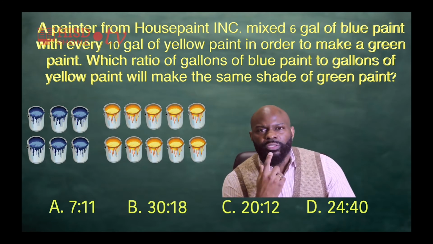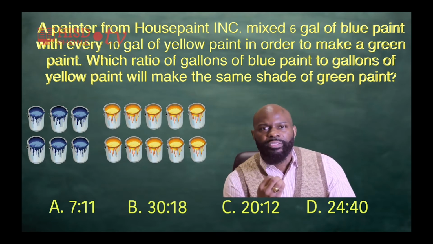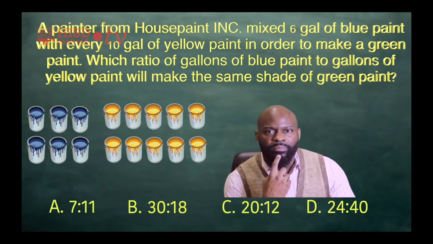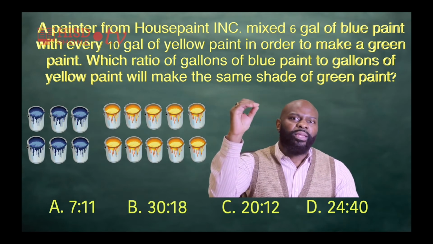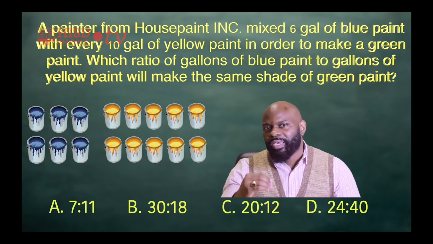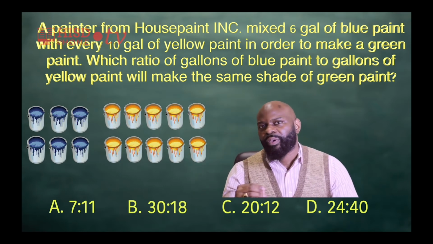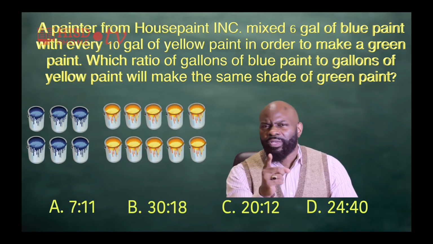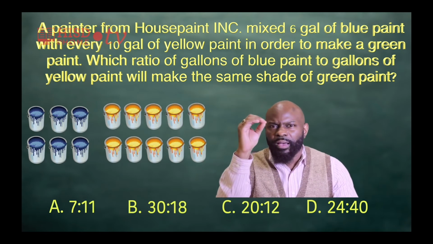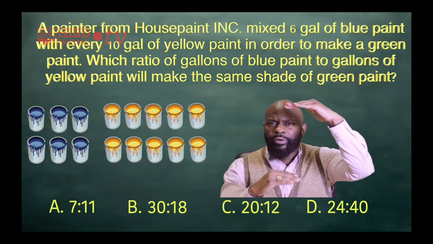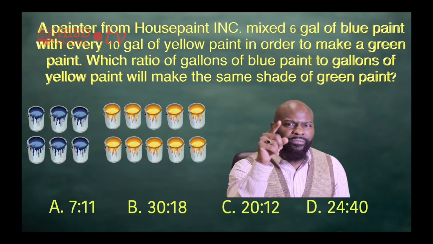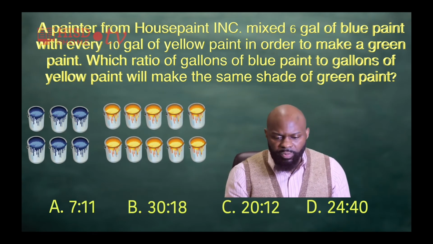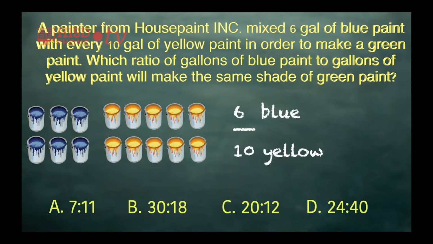Be sure to write the fraction just as you see it in the problem. So if I see 6 blue gallons first, I'm going to write 6 blue gallons over the 10 yellow gallons of paint, all right? So if I saw yellow first, I will write yellow on top, okay? So make sure that the order is organized appropriately, because that's very, very key to solving these problems. So I have 6 blue over 10 yellow.